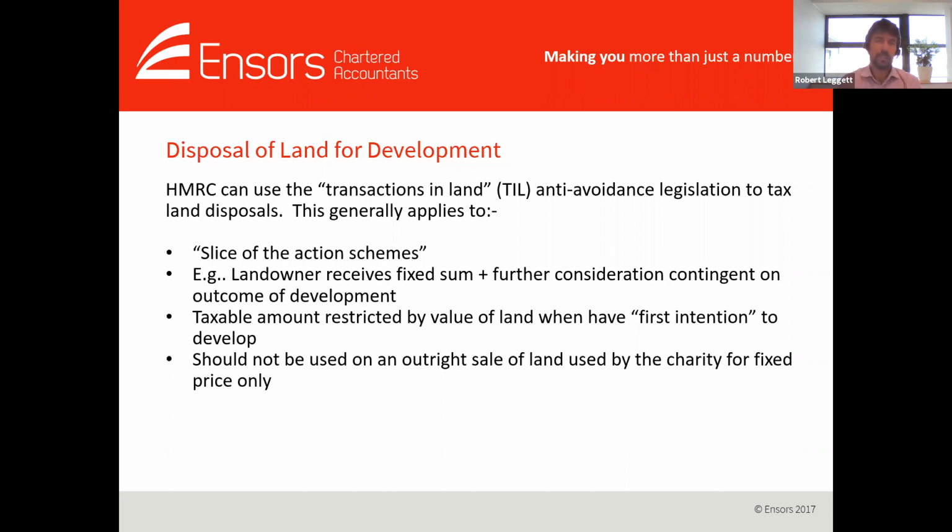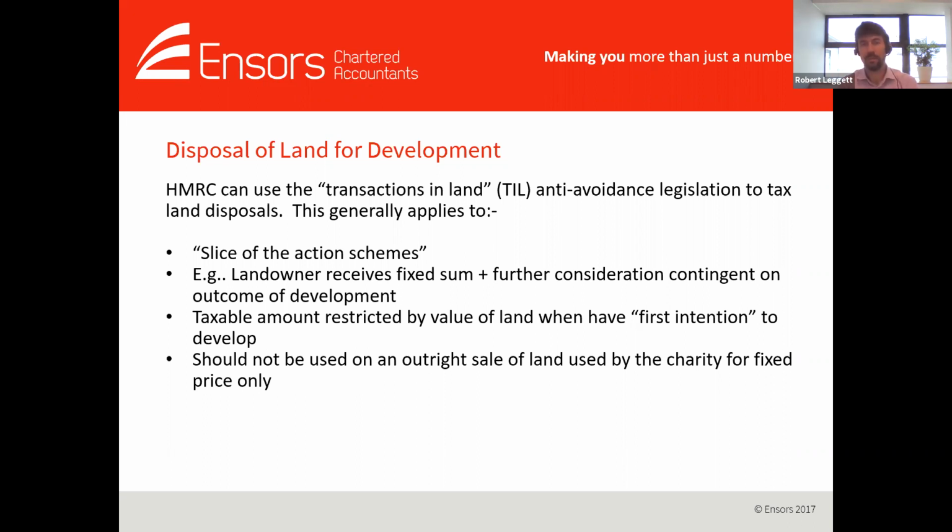But the legislation also applies where land is developed with the object of realizing a profit. And where that applies, this turns into income and trading income. And we know that it's probably not primary purpose trading income.